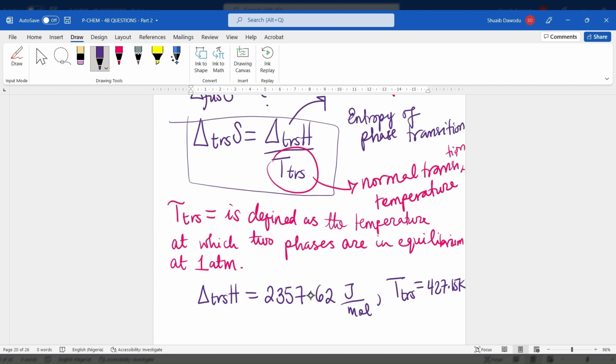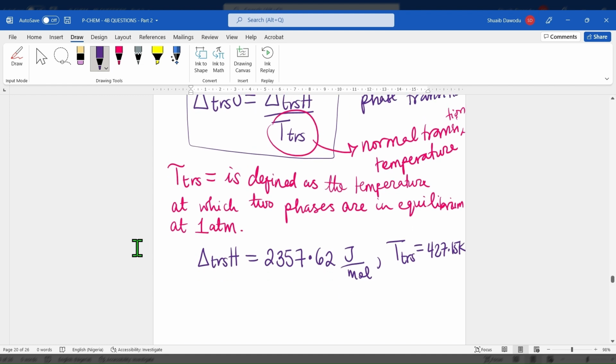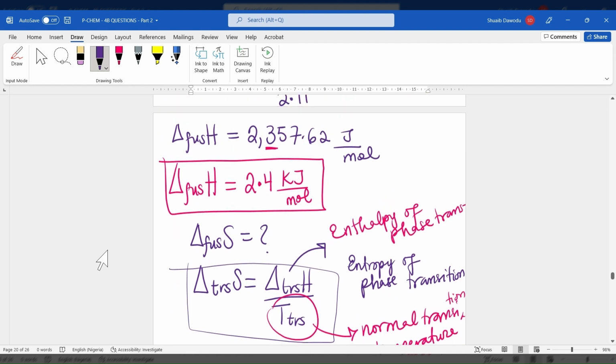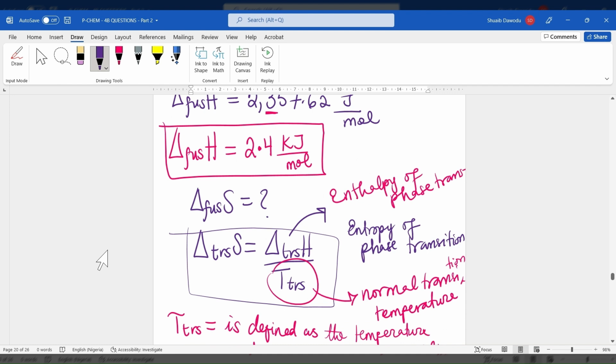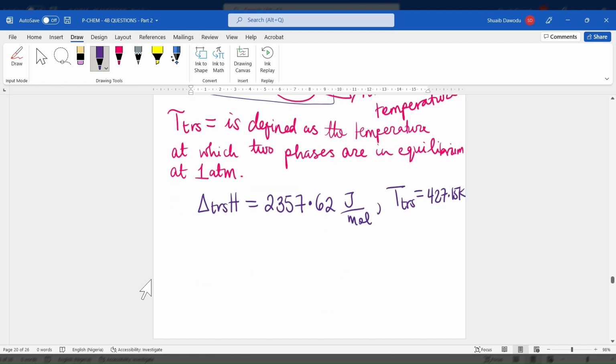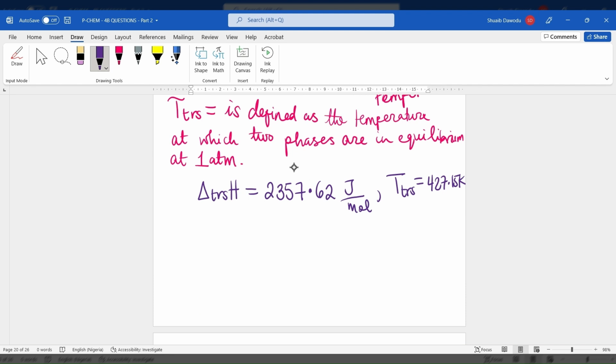So that's this information right here. So now we can simply substitute. And now you may be wondering, well, why didn't we use 2.4 kilojoule per mole? We don't do that in science. You always use the raw value, and then at the end of your calculation, you can do an approximation. So that's how work is done. Anyways, we're going to use the raw value.